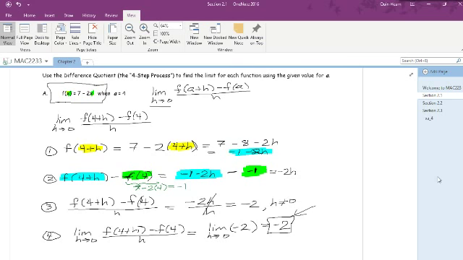Later on in the semester, when we're doing derivatives, which involves a limit of a difference quotient, we'll have shortcuts and then we'll have the long way. The long way will use the limit of the difference quotient. So in that case, you will only have to use that long way if I tell you to, and otherwise you're allowed to use the shortcuts.